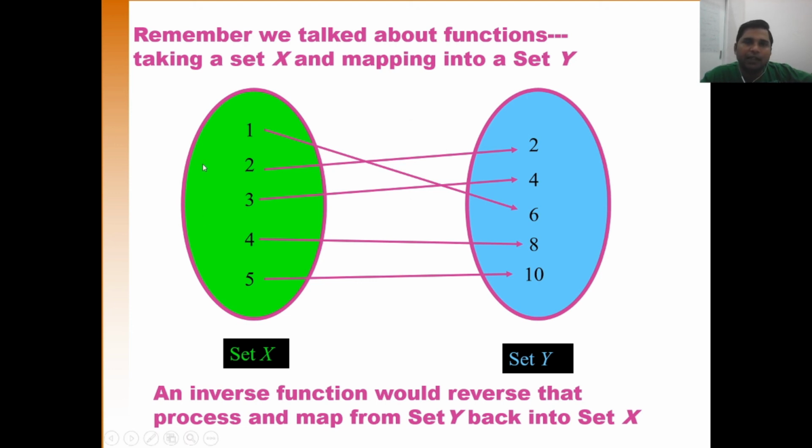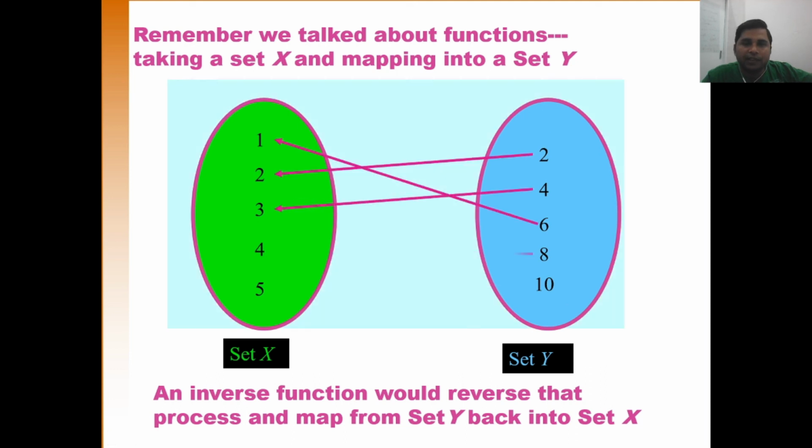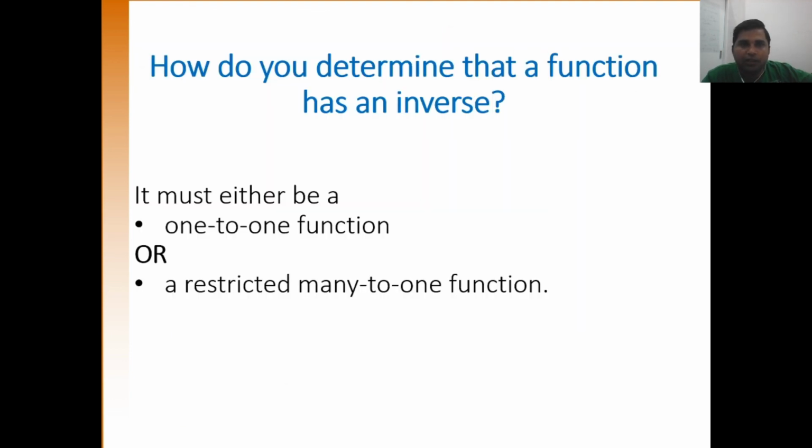So here we were giving 1 and getting the value 6. If you give 2, you were getting the value 2. That's what the mapping diagram means. You give x to the function, you get y. This is the reverse mapping for the inverse function. So the inverse function would reverse that process and map from set y back into set x. Okay, so that's how inverse functions work.